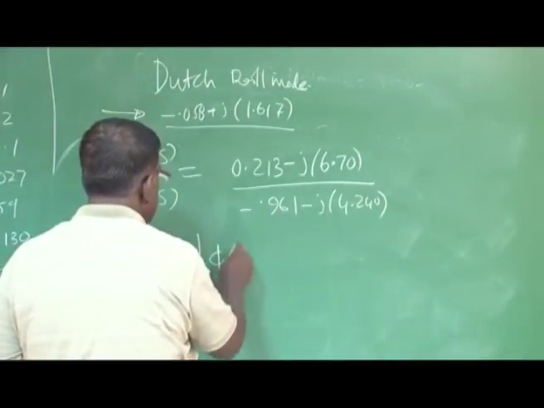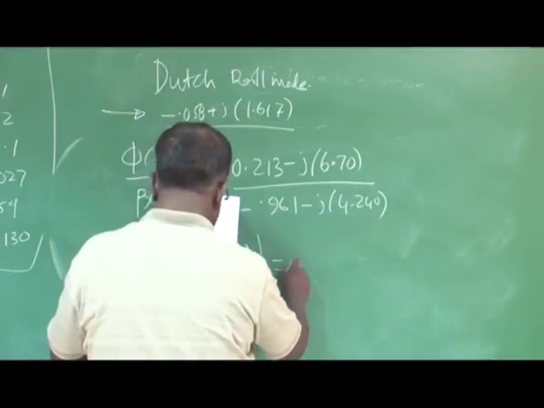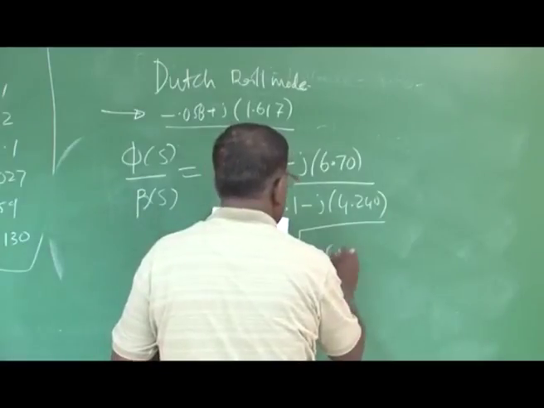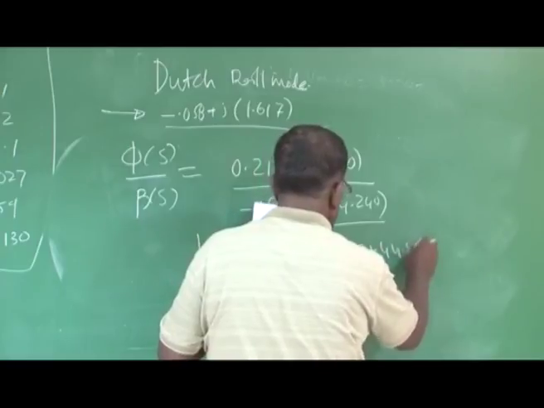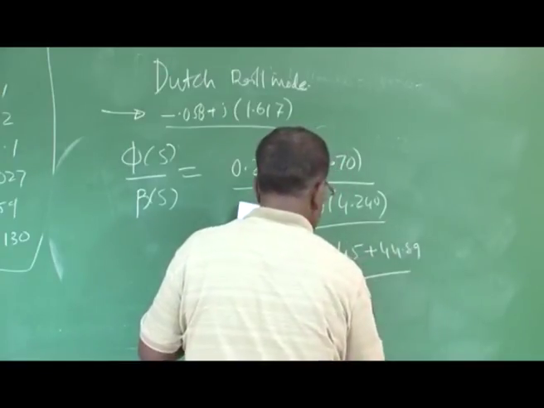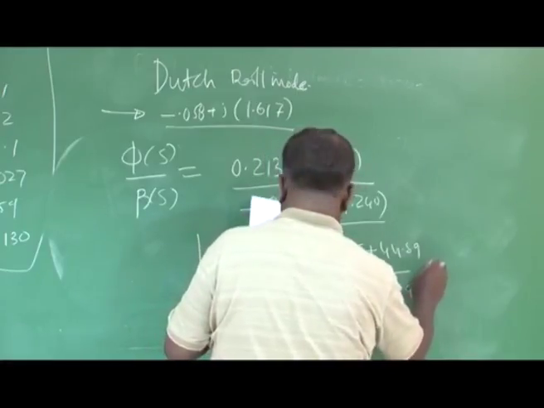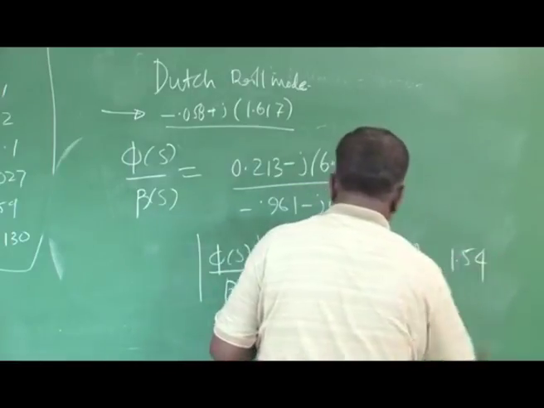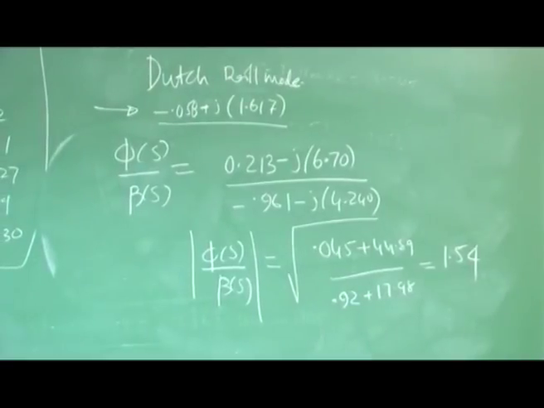So the magnitude of phi of S by beta of S will be equal to the square root of 44.89 by 0.92 plus 17.98, which is equal to 1.54. That you know now, no? Omega n square, numerator square, denominator square, already you have been given that expression.